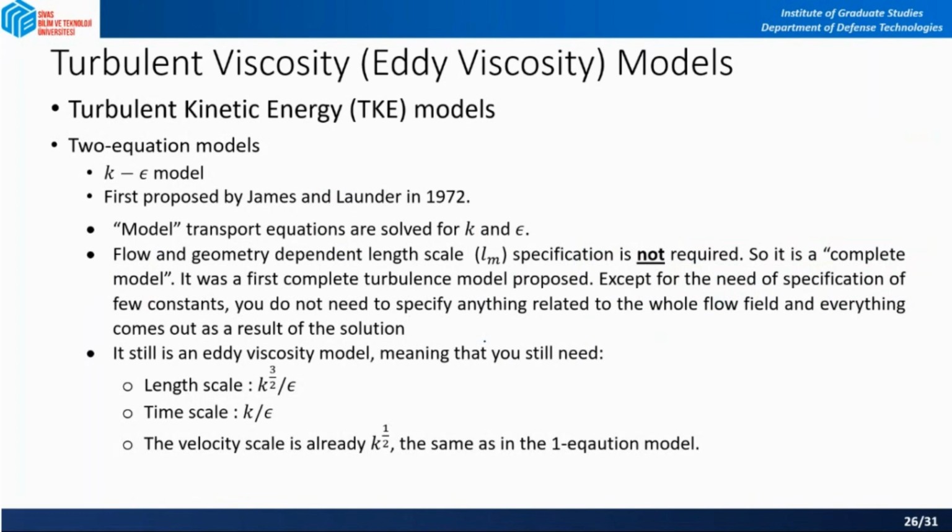It is still an eddy viscosity model, meaning that you still need the length scale, the time scale, and the velocity scale, which is the square root of your turbulent kinetic energy, the same as the one equation model.